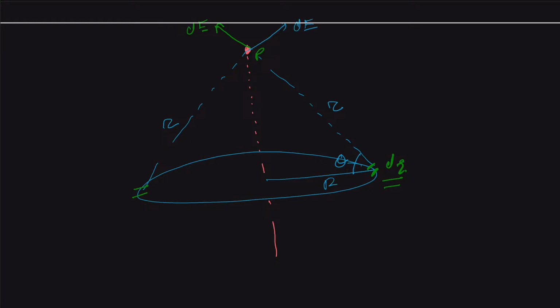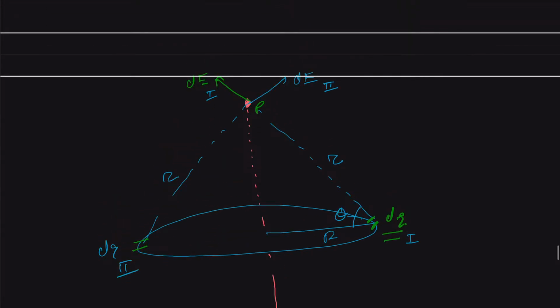Let us call this the first and this the second. So this will be the electric field due to the first, and this the electric field due to the second. We can divide the respective electric fields into two components: the first x component and first y component, and once again the second x component and second y component.